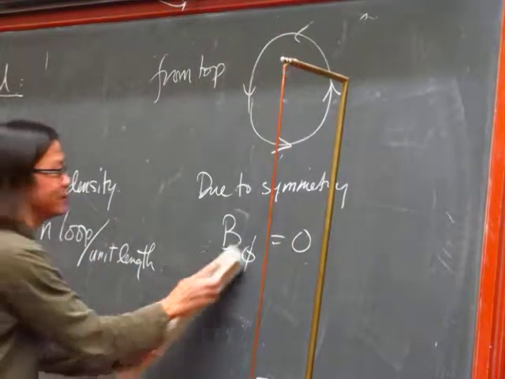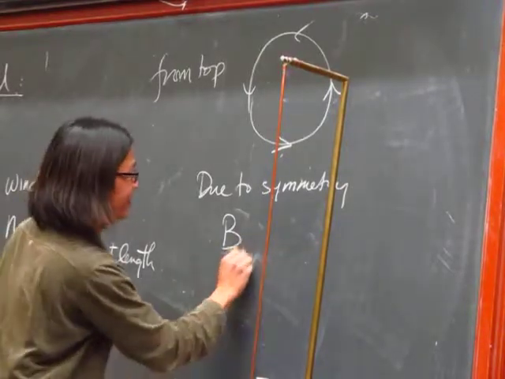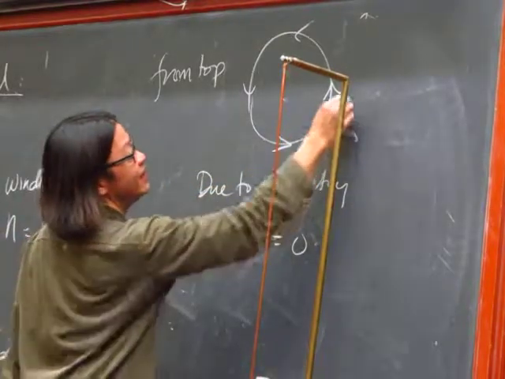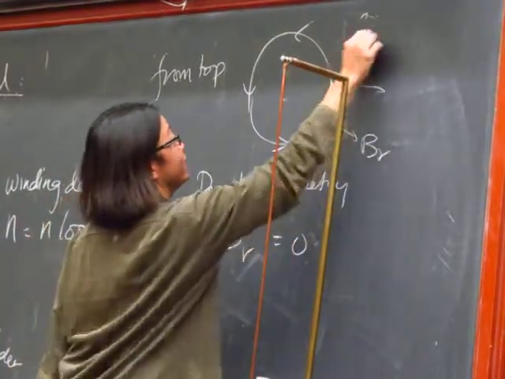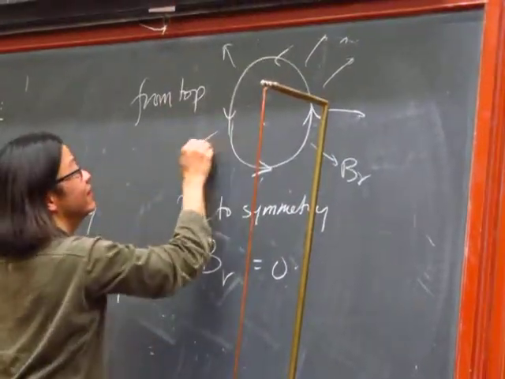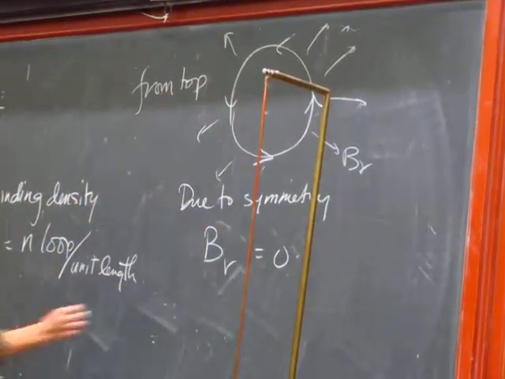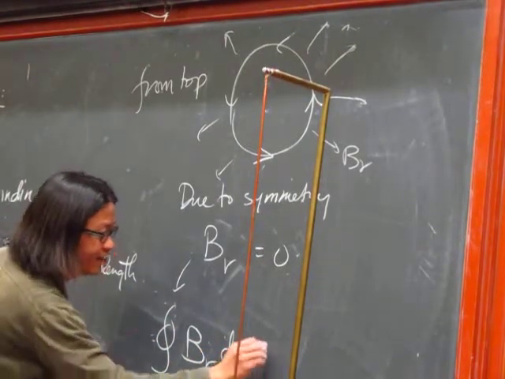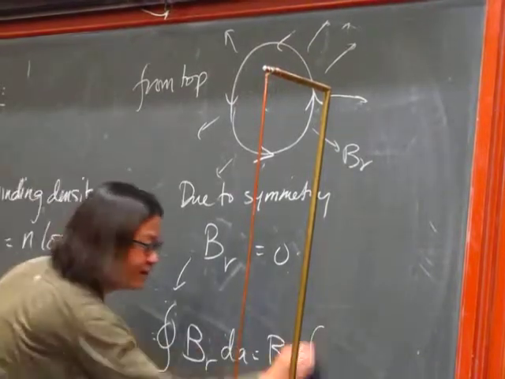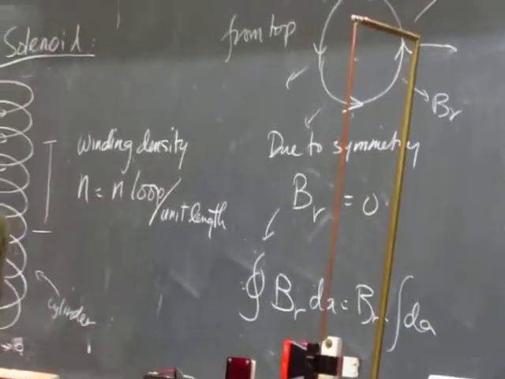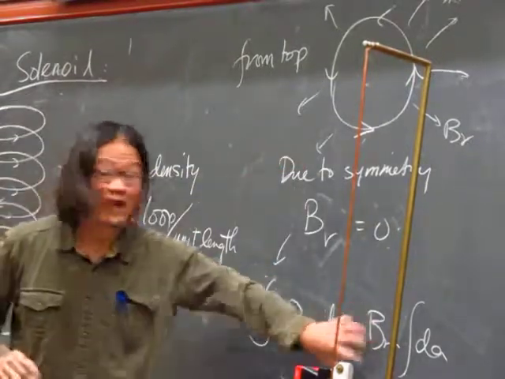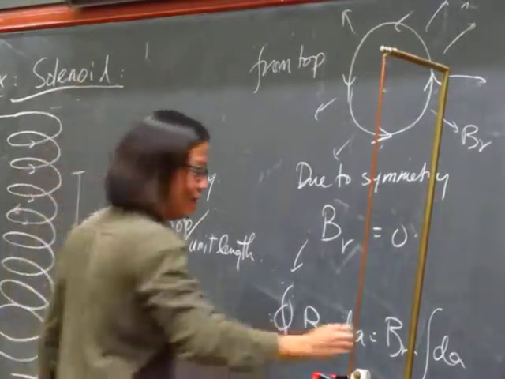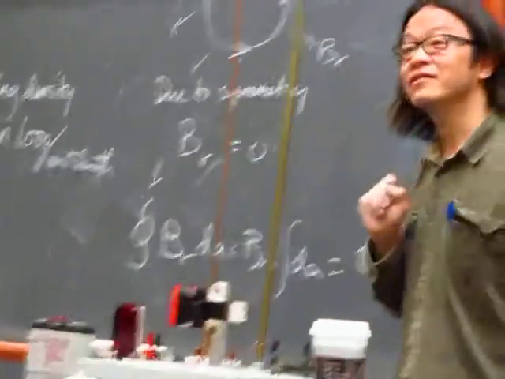Let's do the easier example. The B field cannot be radial. Because if it's radial, then it has to be radial everywhere by symmetry. In that case, from Gauss's law, I can bring the B_r out, and the integral of dA, because of symmetry, I can take this out because it's constant, over this surface has to be equal to 0, because of this law.